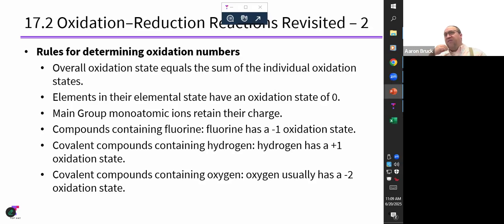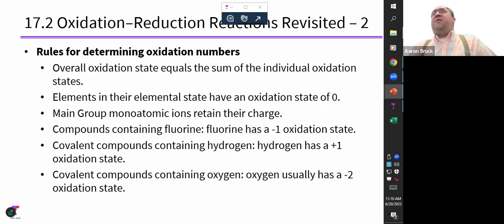And what this means is that if I have substances, elements, that are in their natural atomic or molecular state, their oxidation state is going to be 0.